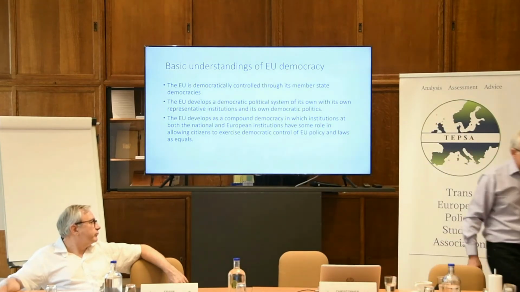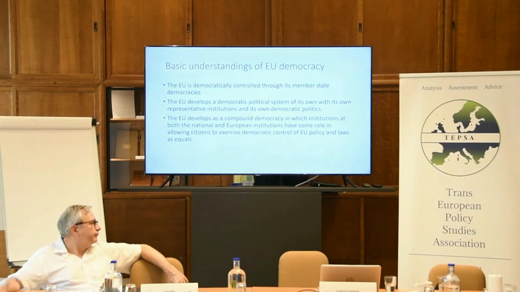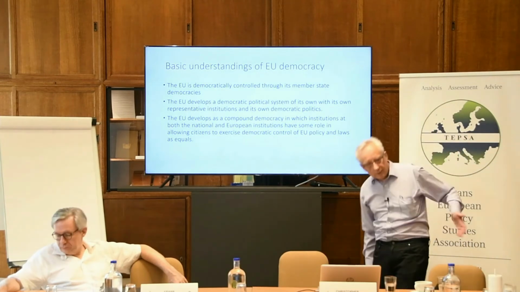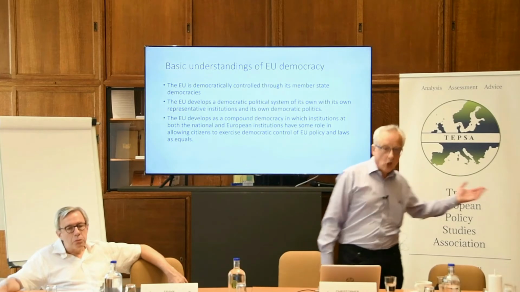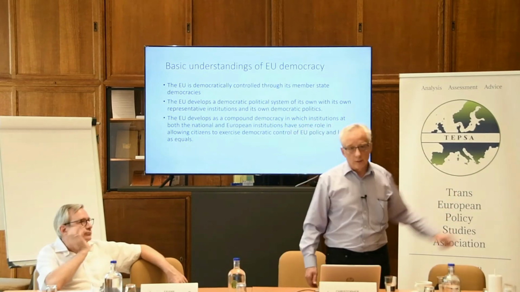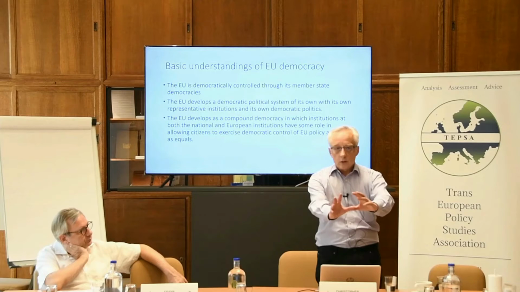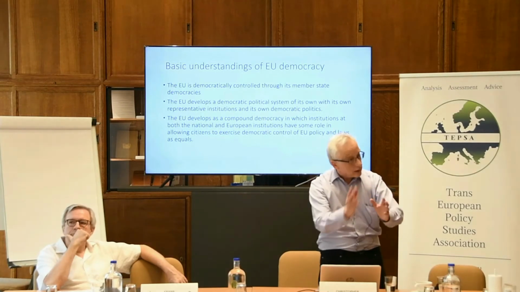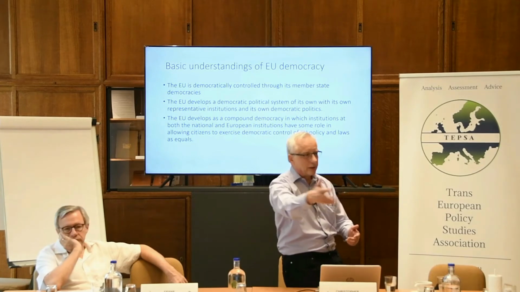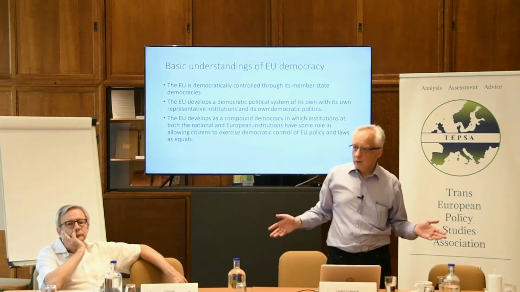But of course, we next need to look at the other ways in which the European Union could be made democratic. We said it could itself be a democracy. It could have its own democratic institutions and its own democratic politics. But the obvious alternative to all of that is the European Union should be democratically controlled through its member state democracies, through its component democracies, the 27 national democracies.